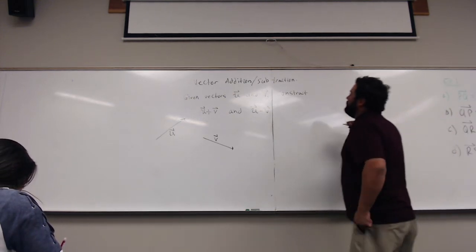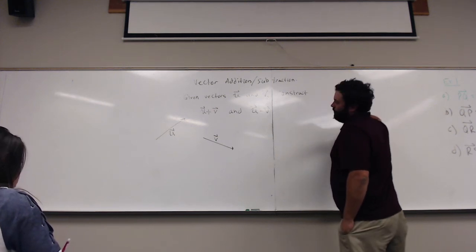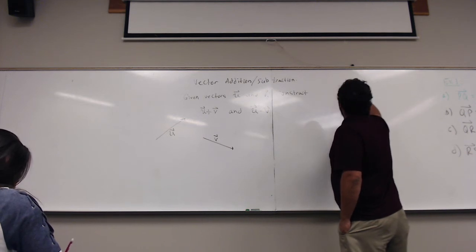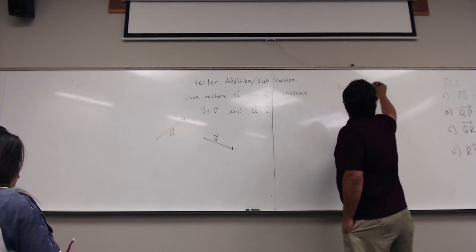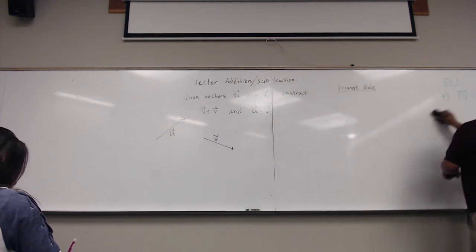There are two ways to do addition: the triangle rule and the parallelogram rule.